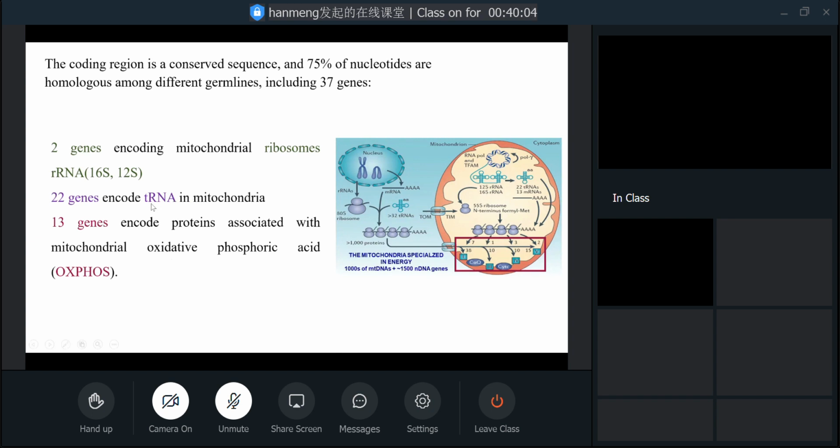So here we can see in the mitochondrial DNA, only 13 genes encode the proteins of the OXPHOS system. Here you can see complex 1 has about 7 genes, complex 3 has 1 gene, 3 genes for complex 4, and 2 genes for complex 5.